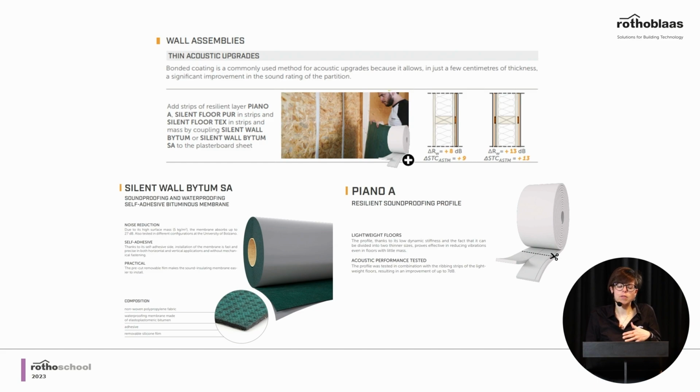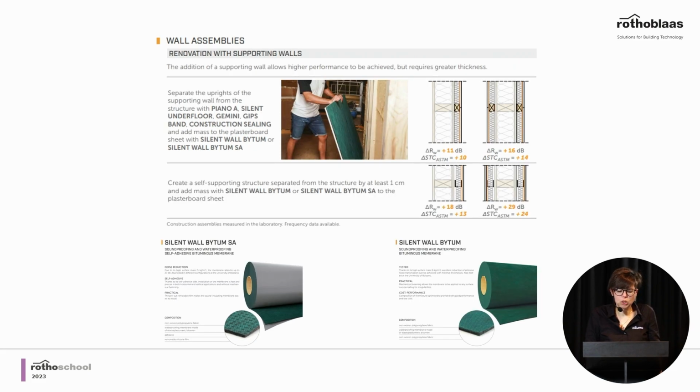If you need to have a higher improvement, of course, it's not possible to work with this thin solution, and you need to work with supporting walls, which need more space but have a higher acoustic performance and allow you to have a higher improvement.